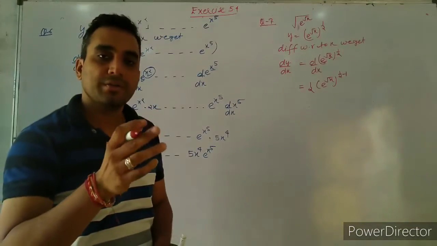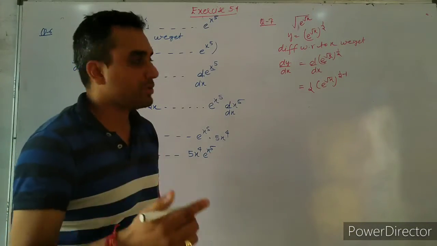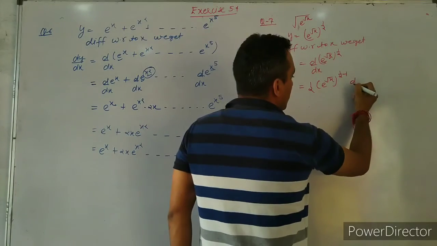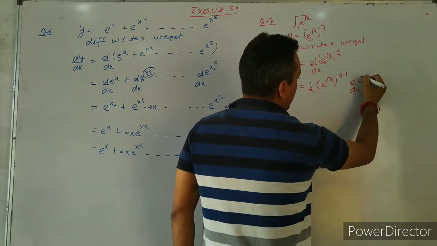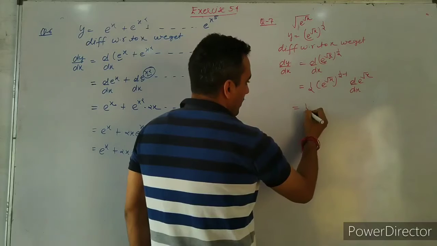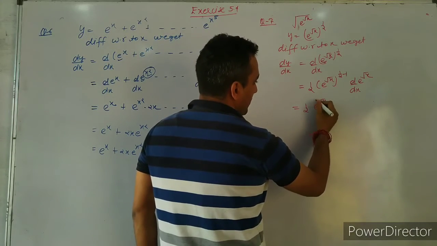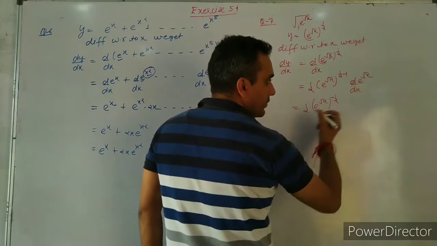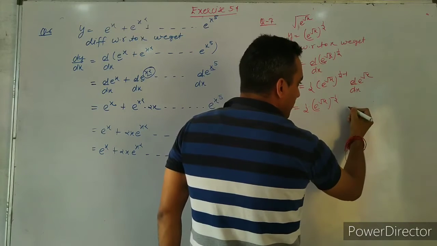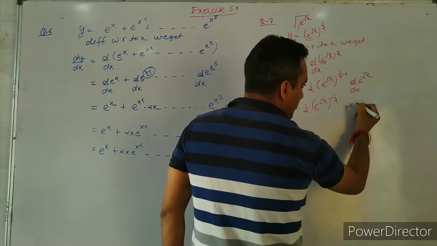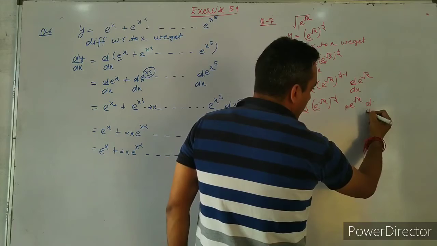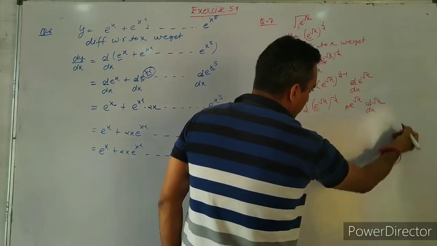Then differentiation of e to the power under root x. We all know that differentiation of e to the power x is e to the power x. So differentiation of e to the power under root x gives e to the power under root x, and we also differentiate under root x.